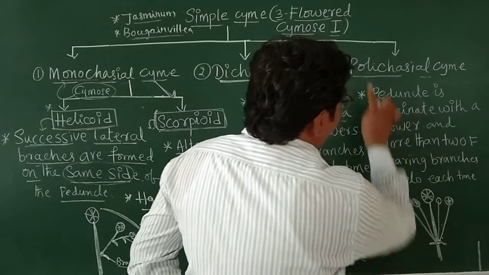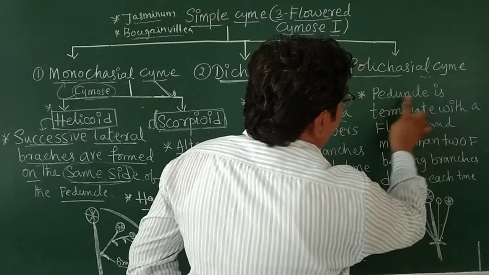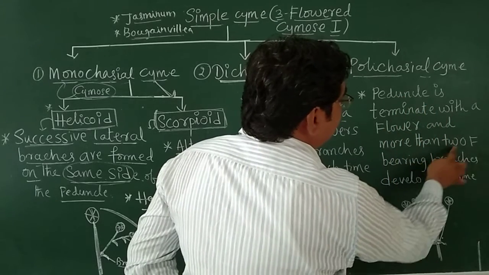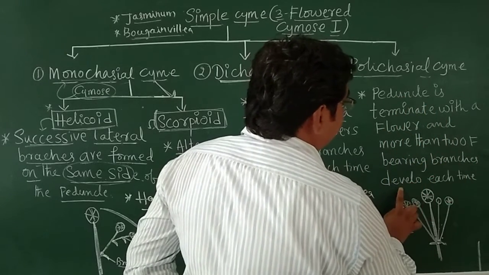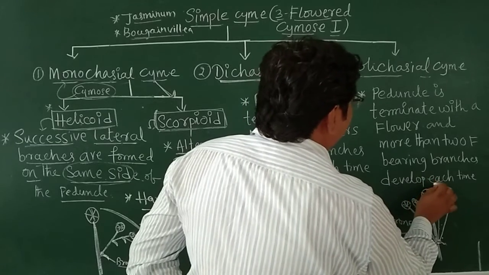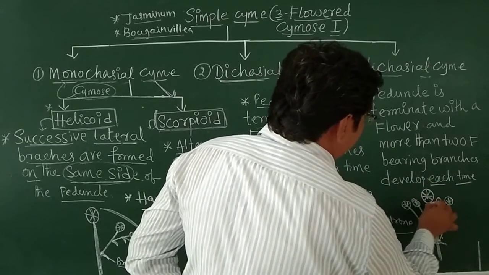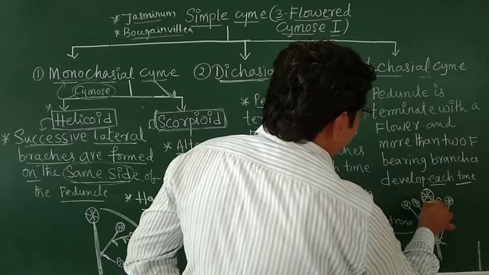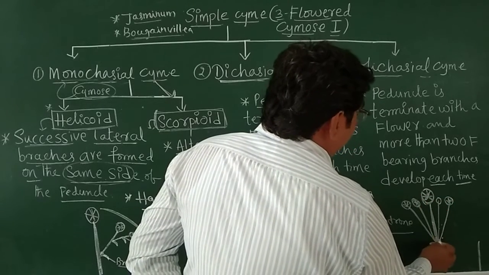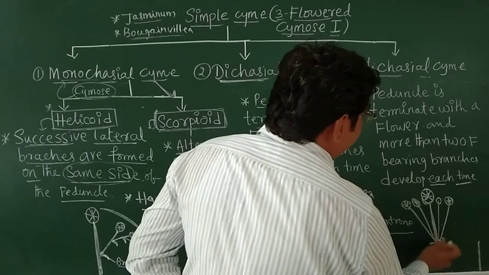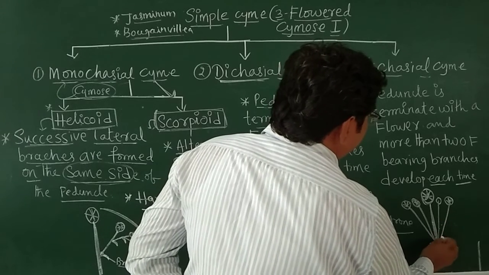Polychasial cyme: the peduncle is terminated with the flower and more than two flower-bearing branches develop each time. This is the peduncle, and it is terminated with the flower. Again, more than two flower-bearing branches are formed at the axil of the bract.